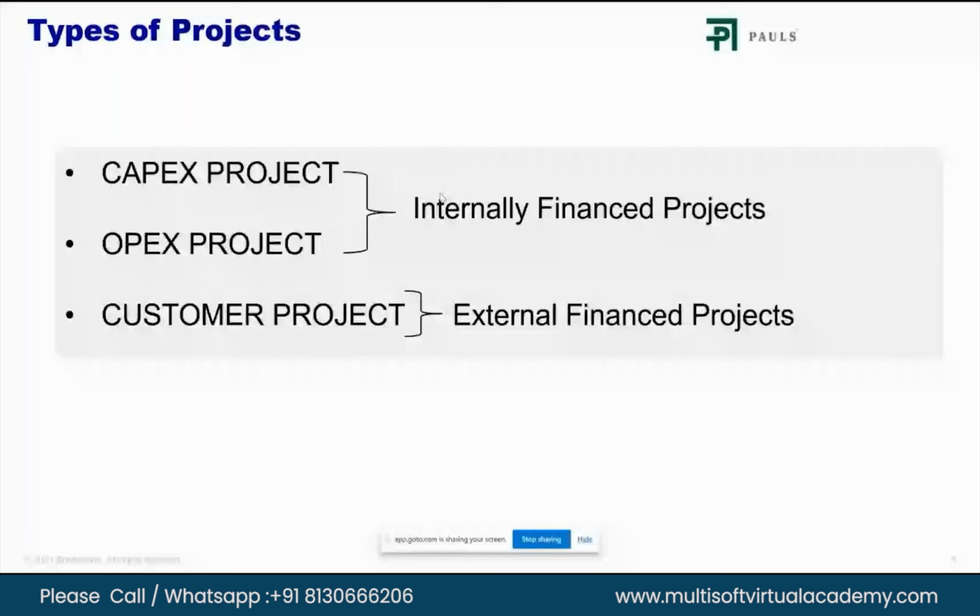Say DMart, DMart also falls into customer project. All the projects wherein revenue is involved, wherein the client wants to map the revenue, are customer projects. Whereas in CapEx and OpEx we only map the capital that we have infused and the progress that we have actually made against that capital.